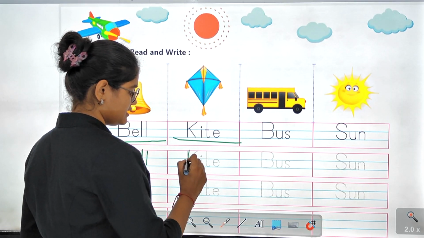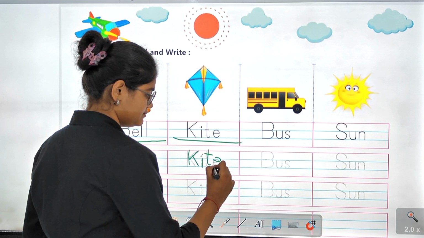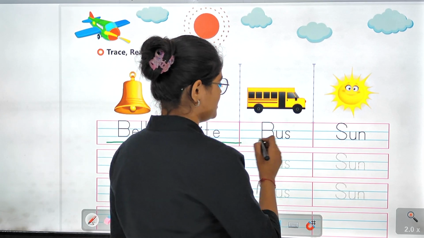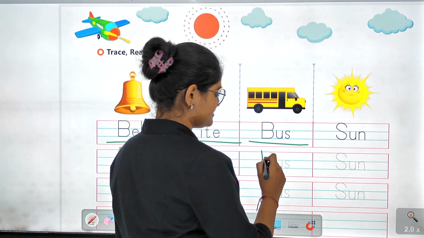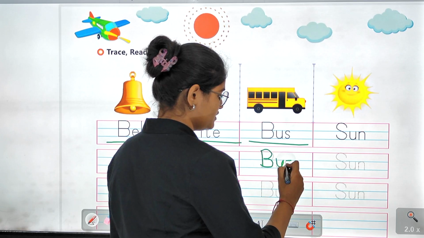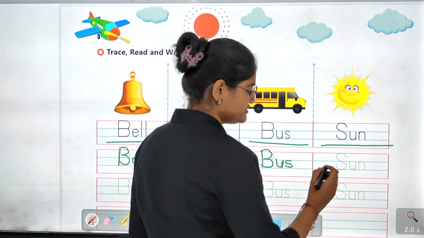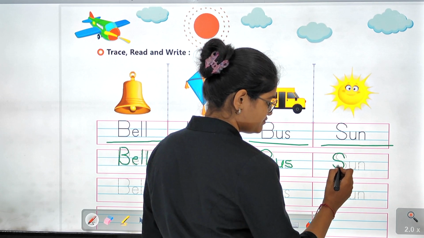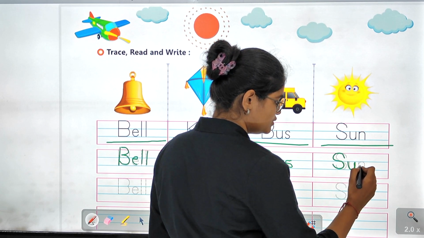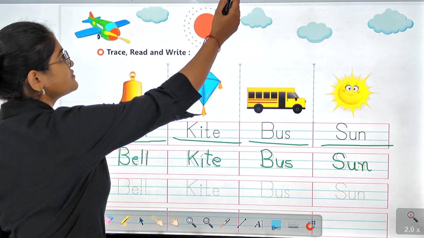K-I-T-E, kite. B-U-S, bus. S-U-N, sun. Moving ahead.